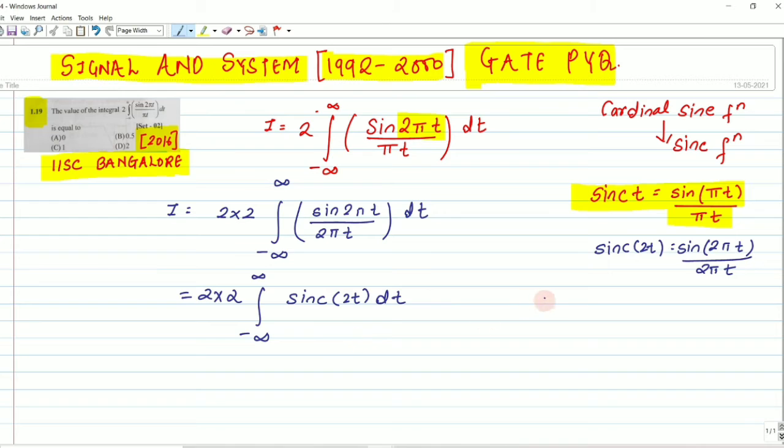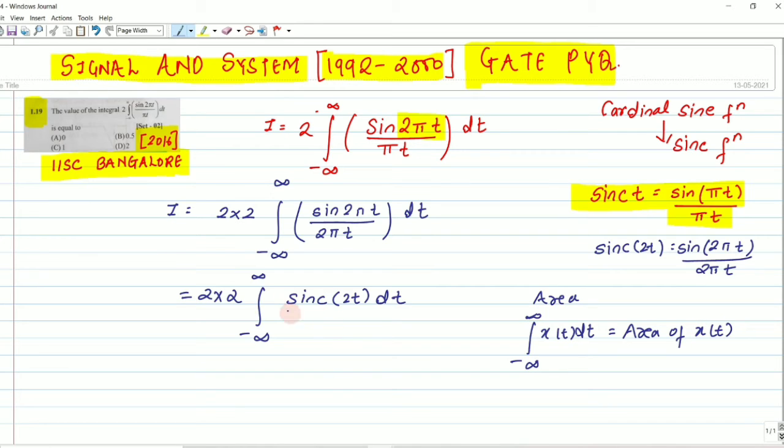Let me revise the definition of area. What is area? We know the area is the integral from minus infinity to infinity of x(t) dt. This is the area of x(t). All of you know the basic definition of area.